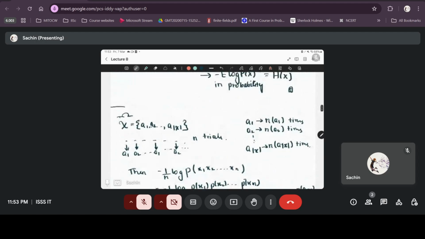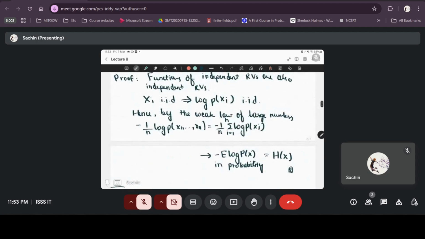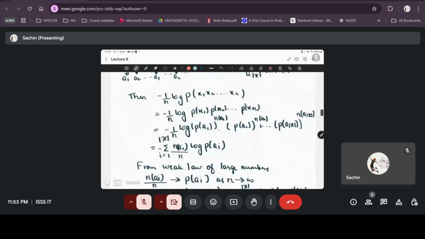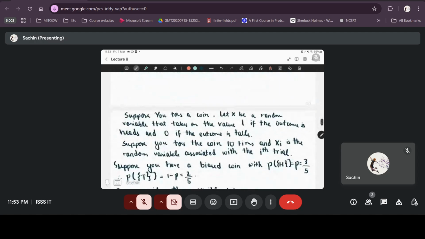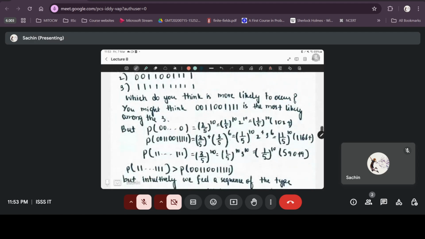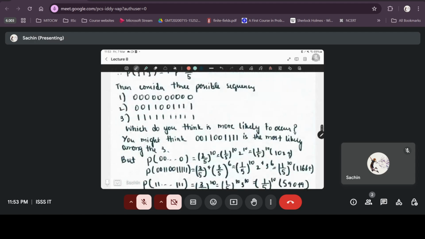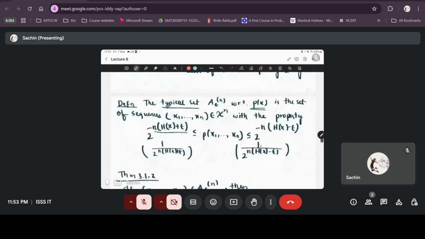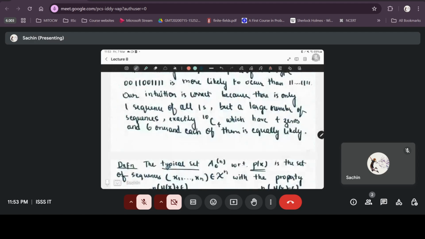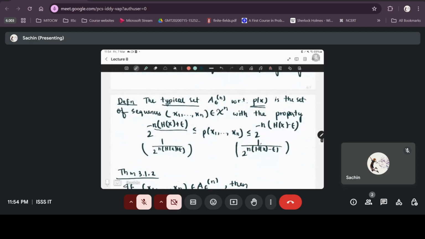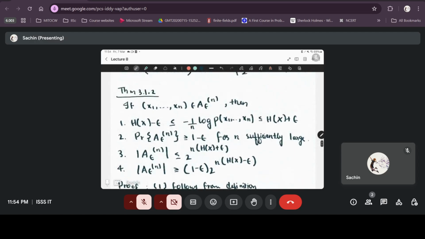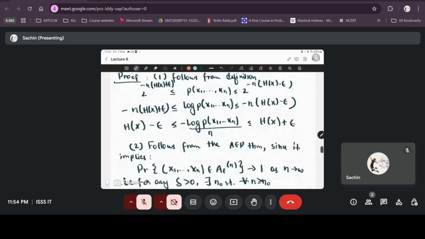I explained the proof in more detail. And then I gave a motivating example for why we study typical sets. And then I gave you the definition of a typical set. Then I gave you properties of a typical set.